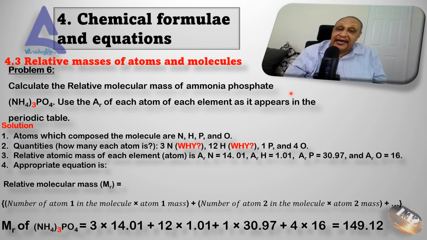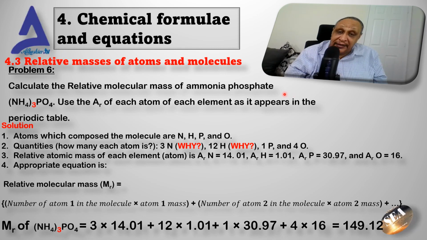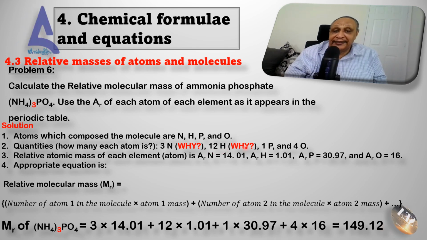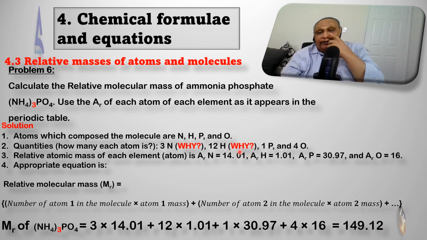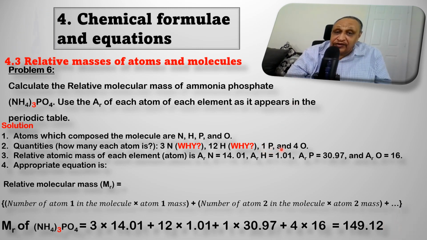Now, the same thing I'm going to do for the hydrogen. This is 4 hydrogen atoms, so I'm going to multiply 3, the red 3, by the black 4. It's going to be 12H. And this is the answer of why this is 12. Then I have only 1 phosphorus, and then 4 oxygen atoms.